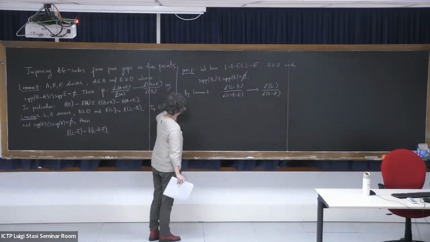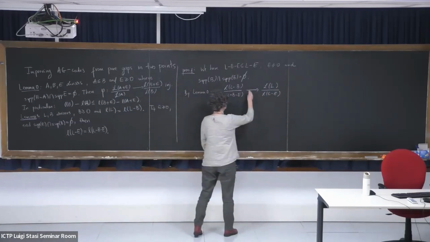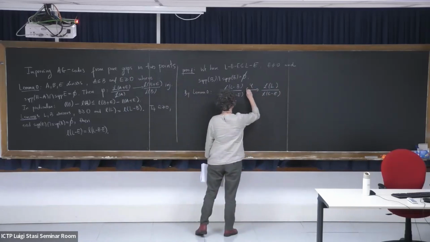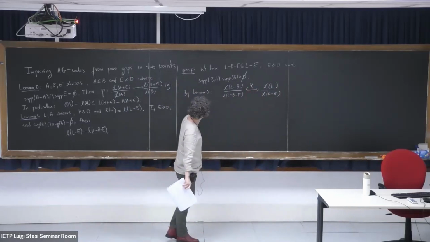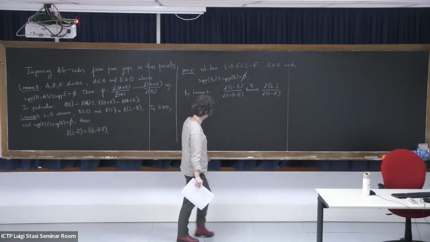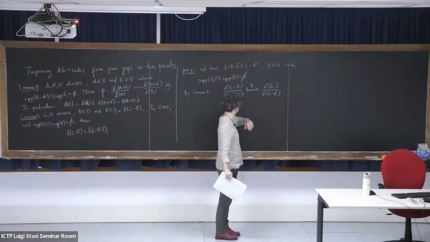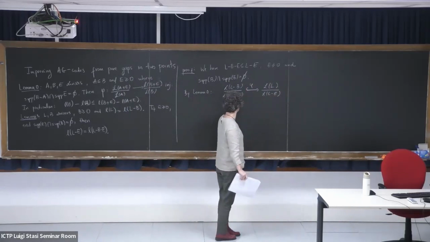So this is injective. This is our A in lemma 0, this is our B in lemma 0.